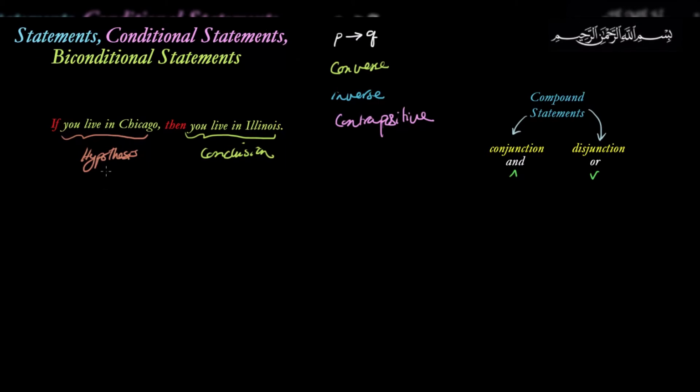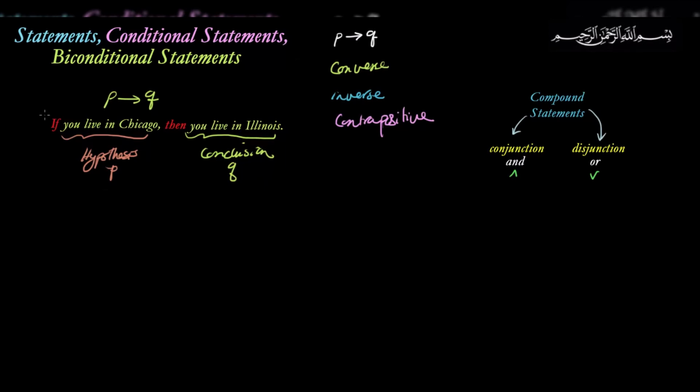So first let's talk about the converse. If this is the original statement, the hypothesis being P and the conclusion being Q, if you live in Chicago, then you live in Illinois. So this statement is simply if P, then Q. The converse of this is the opposite statement. If you live in Illinois, then you live in Chicago.